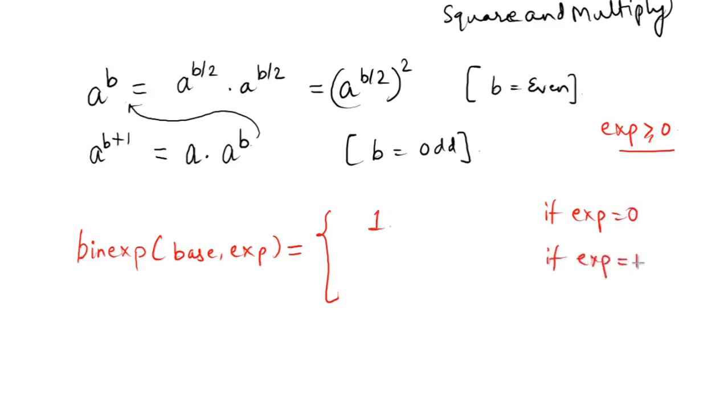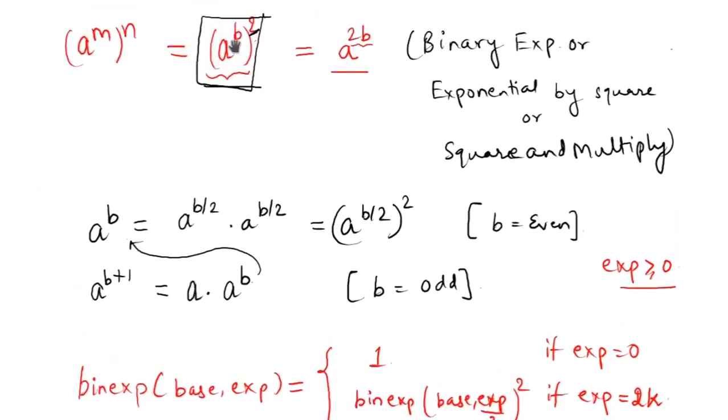In case the exponent is an even number, of the form 2k, then this can be represented as binary exponentiation of base, exponent by 2, squared, similar to a raised to b whole square.